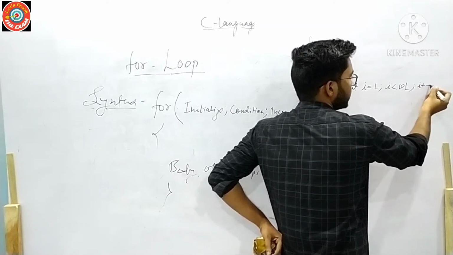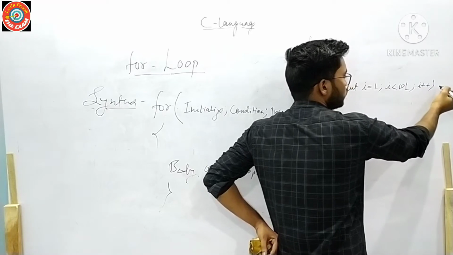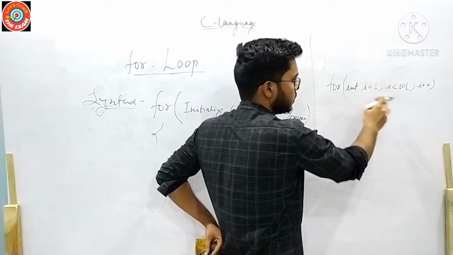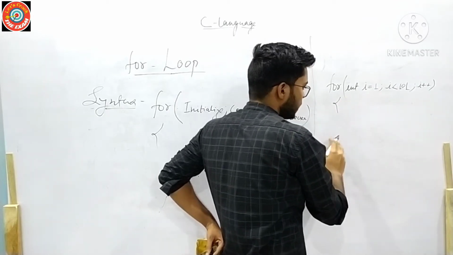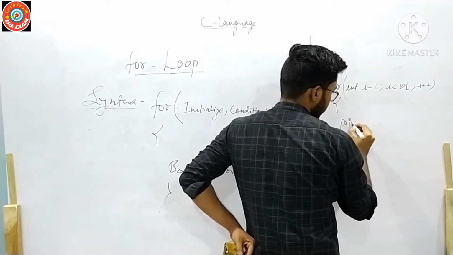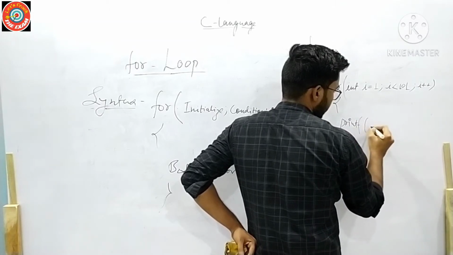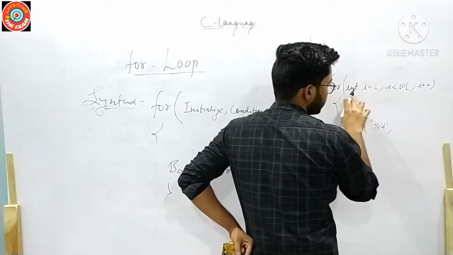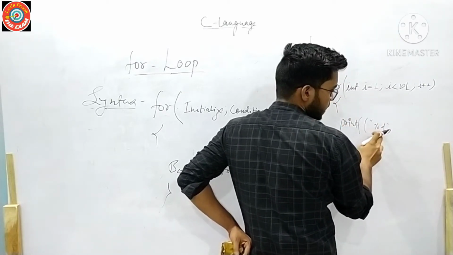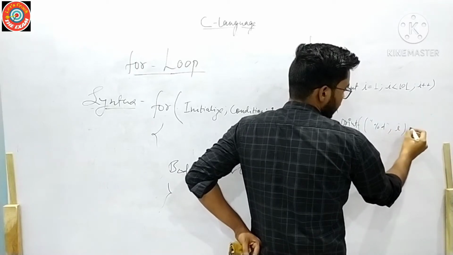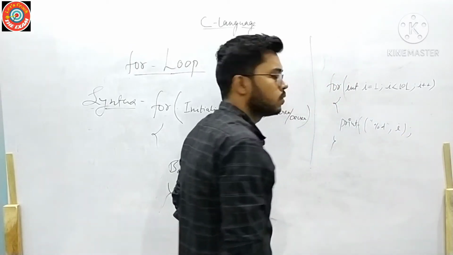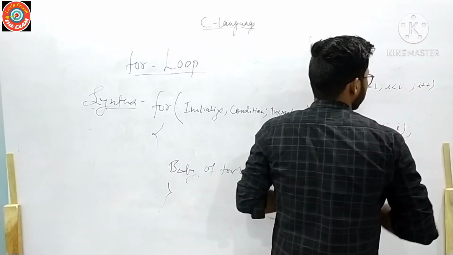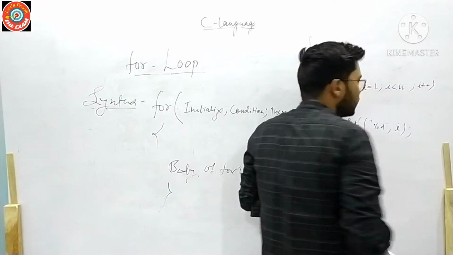Now we will use the increment operator for increasing the value of i from 1 to 100. Now we will use curly brackets and print i. It is an integer type value, so we will use %d and then print i. Okay, we want to print till 10.